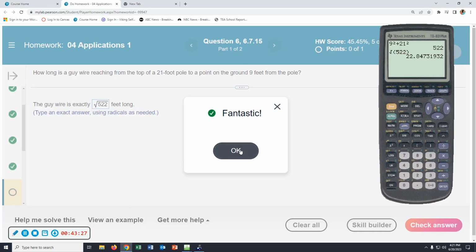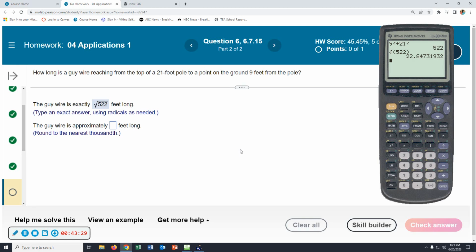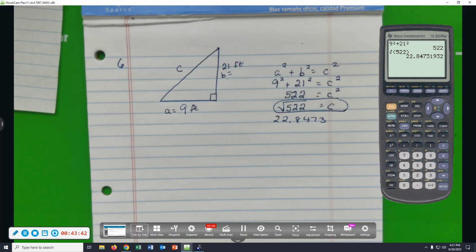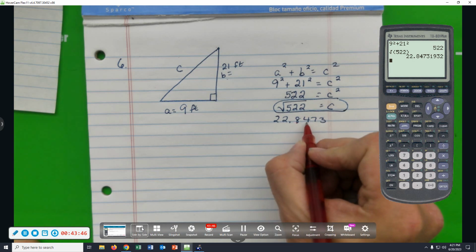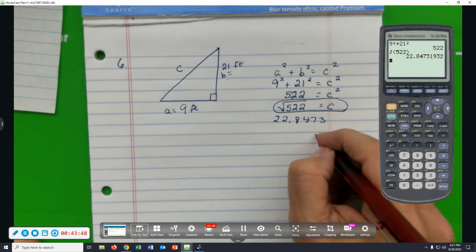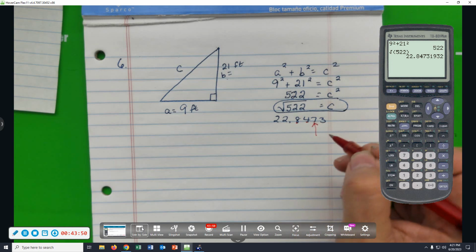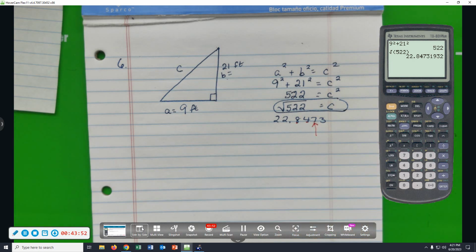So that's called the Pythagorean Theorem. Oh, wait. Then we're not finished with the problem. Now it wants you to enter this rounded to the nearest thousandth. So round to the nearest thousandth, how many digits is that? Tenths, hundredths, thousandths. So that's 7. When it says round to the nearest thousandth, that means the same thing as saying round to 3 decimal places.